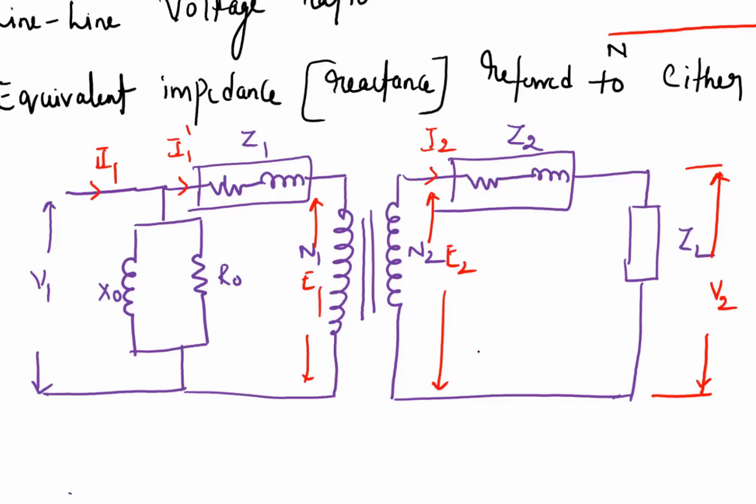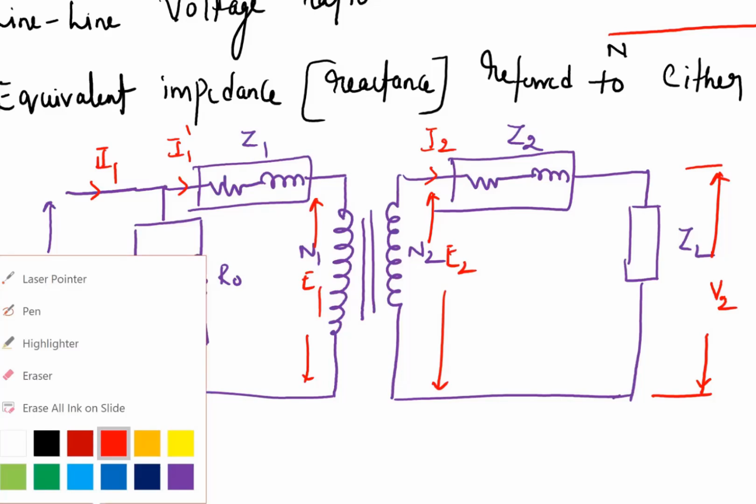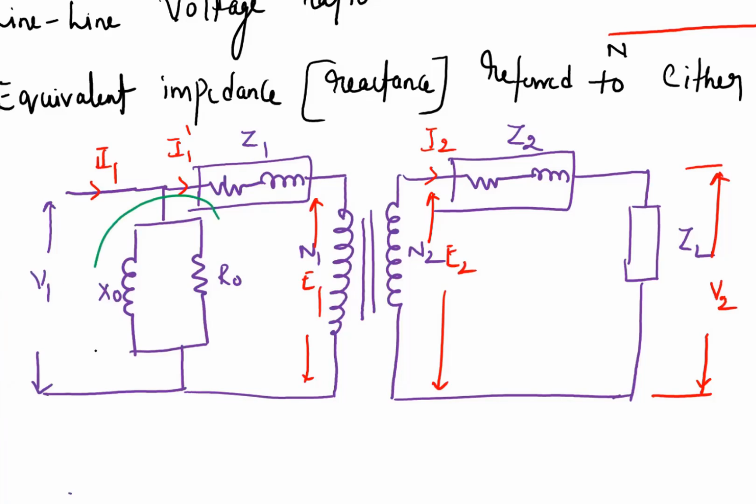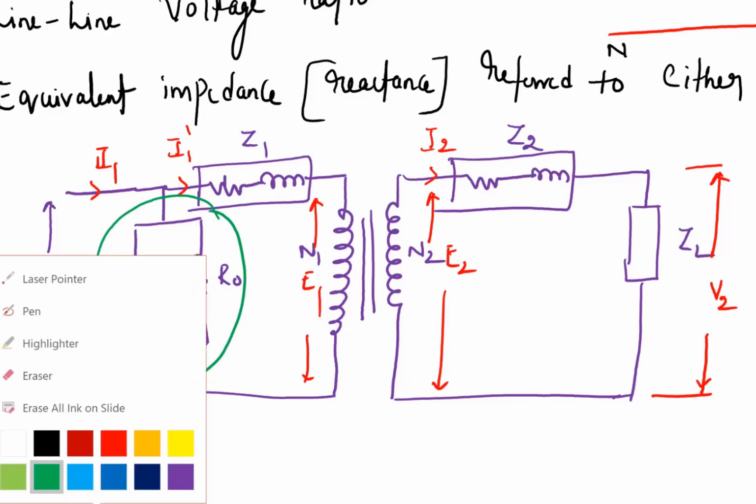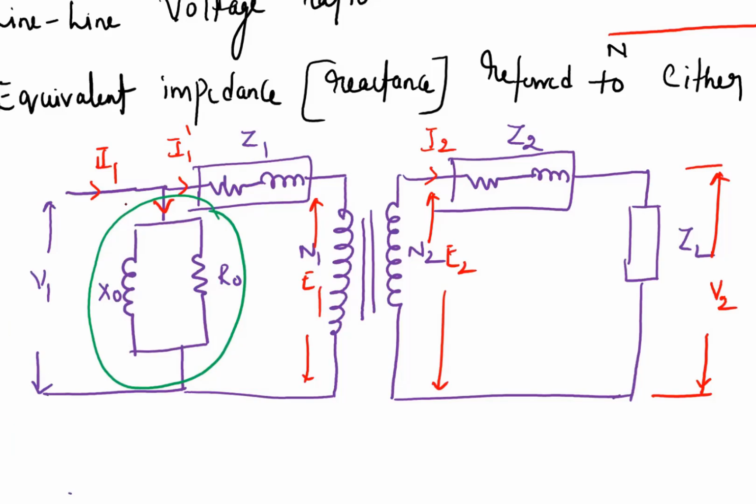Now this portion is called the magnetizing circuit of transformer, which draws a current of I0, which is the no load current of the transformer.